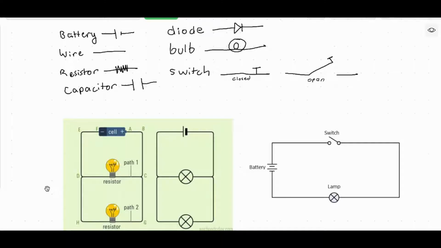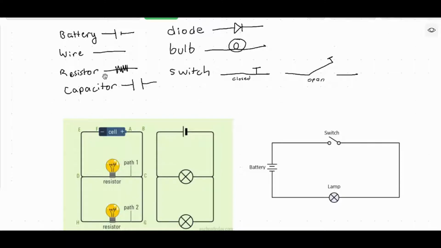Circuits have a lot of different parts to them, and I've drawn out here the symbols that we use when doing certain circuit diagrams. So we have a battery, which is going to give the charge and start the electrons flowing through the circuit. The wire, which is going to act as your conductor.